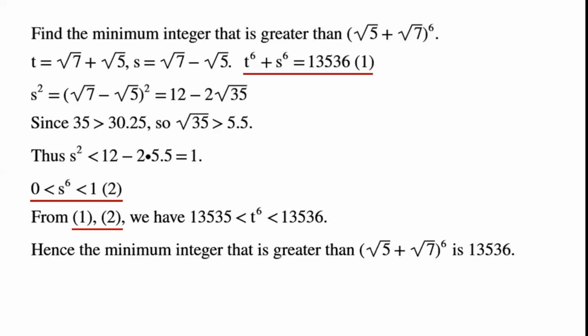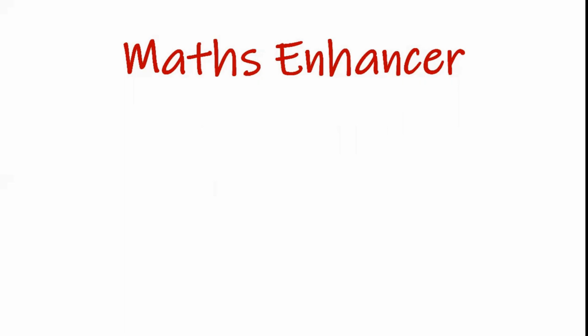Hence, the minimum integer that is greater than (√5 + √7)^6 is 13,536.